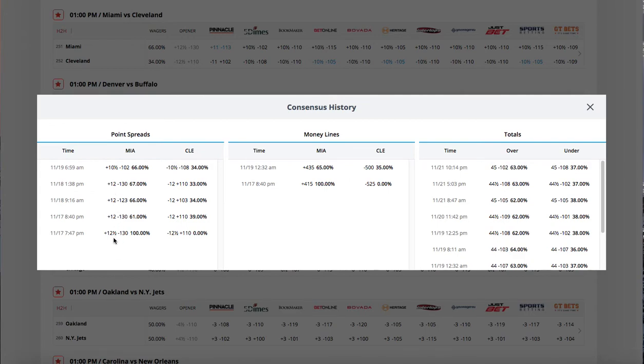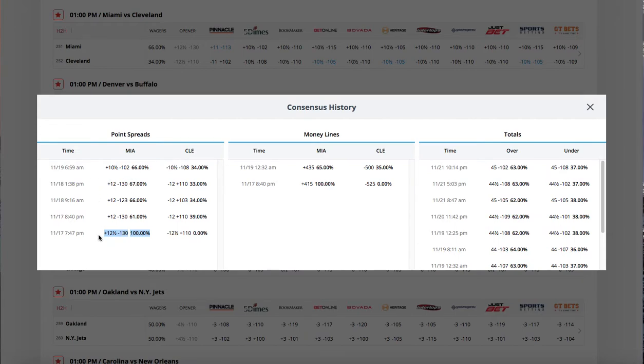So as a sports bettor, if you handicapped and said, I'm going to play Miami, this would be the time to play it, because look what's happened since then. This line has moved from plus 12.5 down to plus 10.5. So you have lost 2 points by waiting.